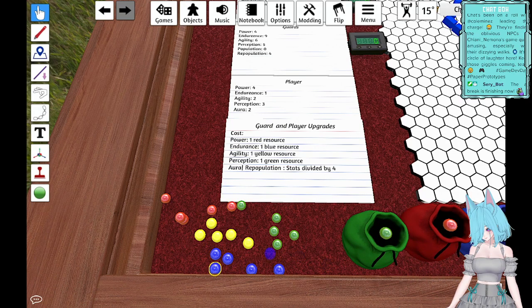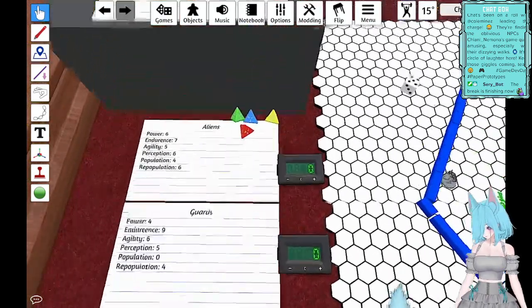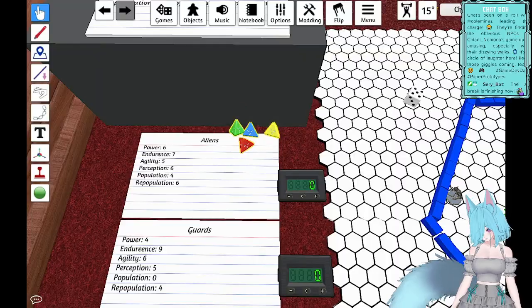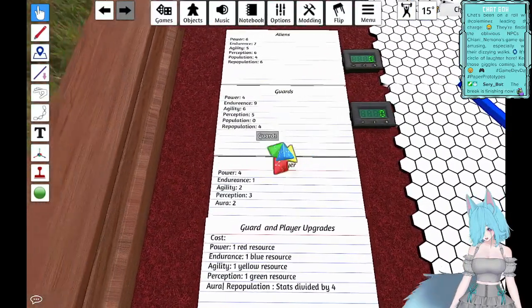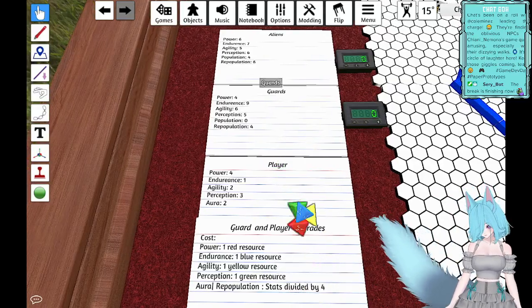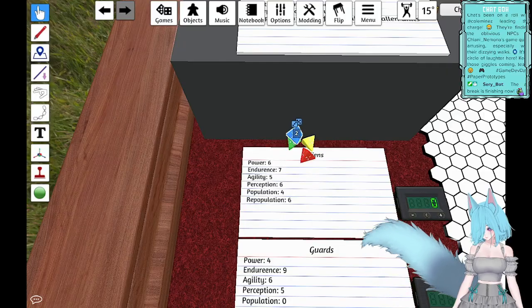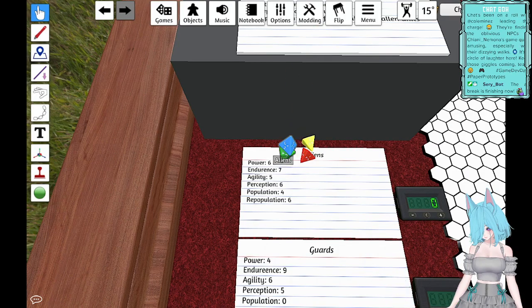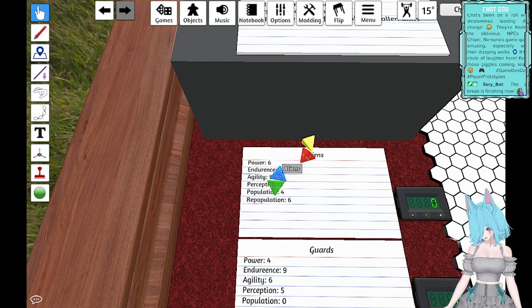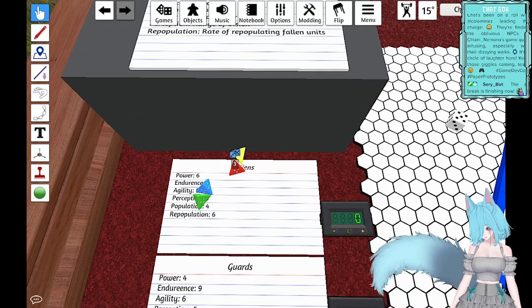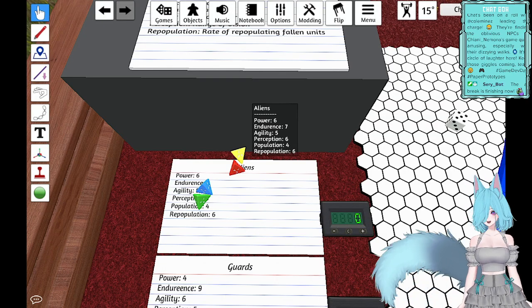Alright. Let's see. What are the alien stats, though, for the next invasion? Whoops. Well. They get very high stats, though.